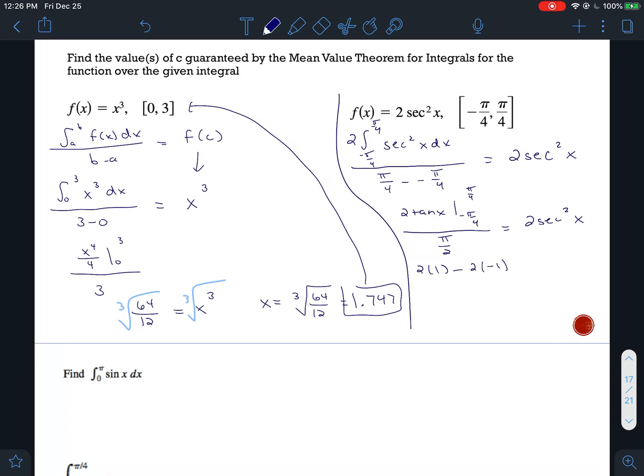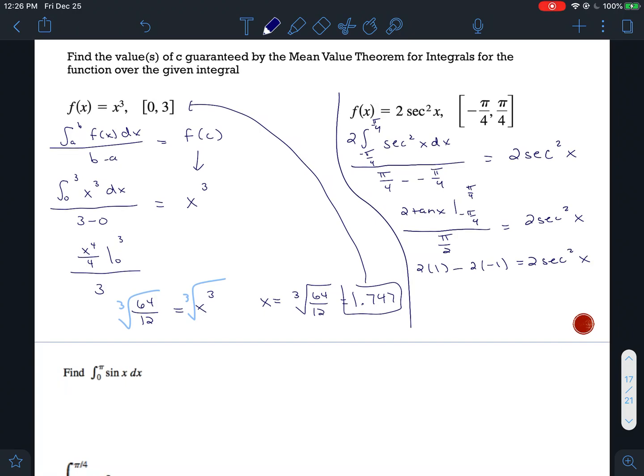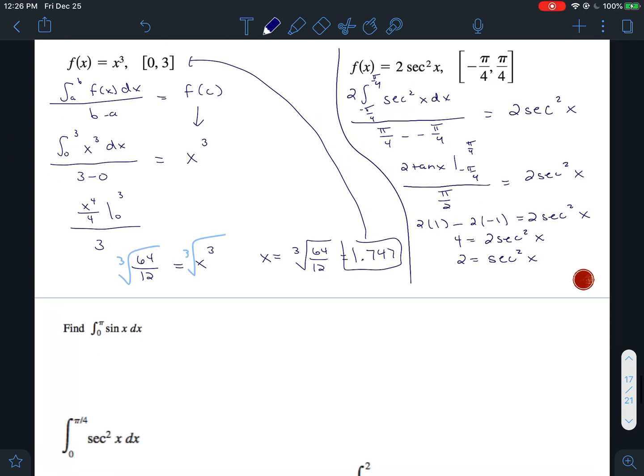Then minus the tangent at negative pi over 4 is negative 1, so 2 times negative 1. And so this is going to be 2 plus 2, so we want 4 to equal 2 secant squared x. Divide by 2, divide by 2. And so I want secant squared x to equal 2. So we're going to take the square root of that. So we get plus and minus the square root of 2 equals secant x.